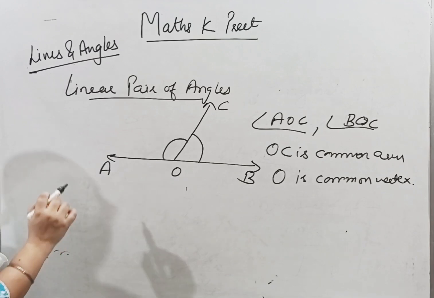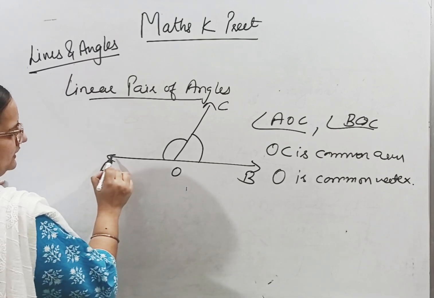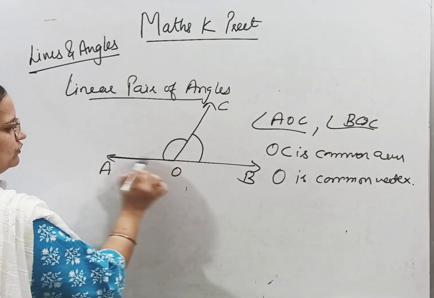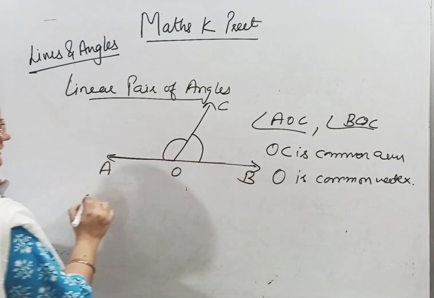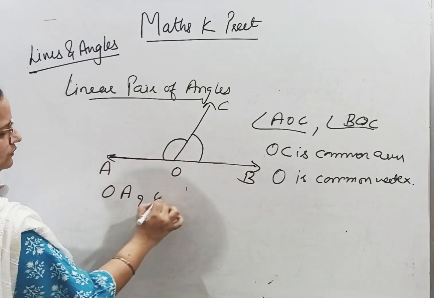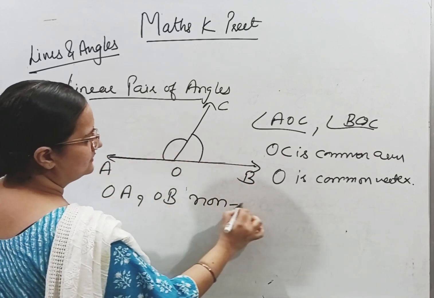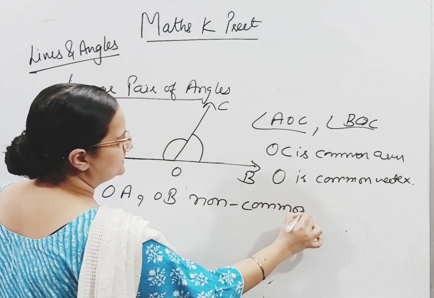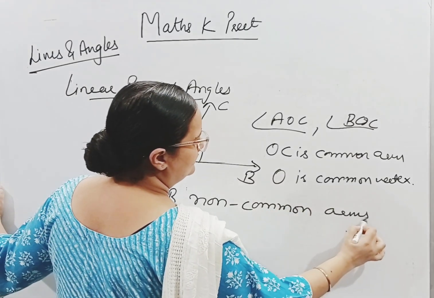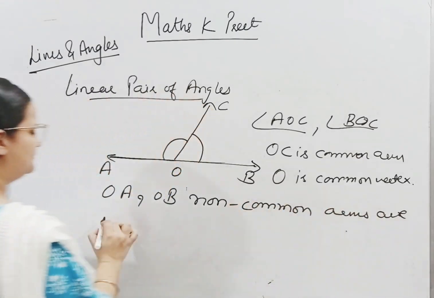But what type of adjacent angles are these? Here the non-common arms OA and OB are making a line. OA, OB, non-common arms of these two adjacent angles are forming a straight line.